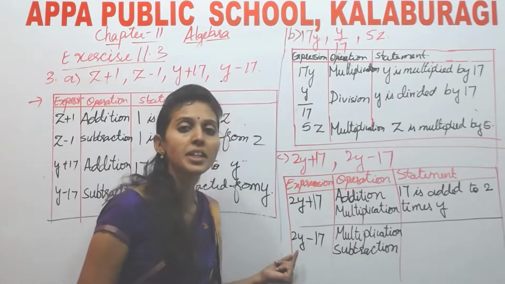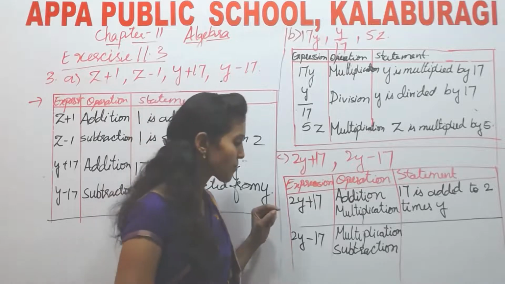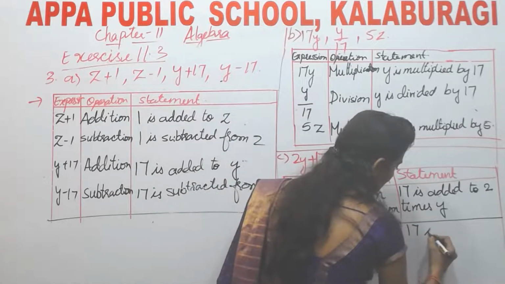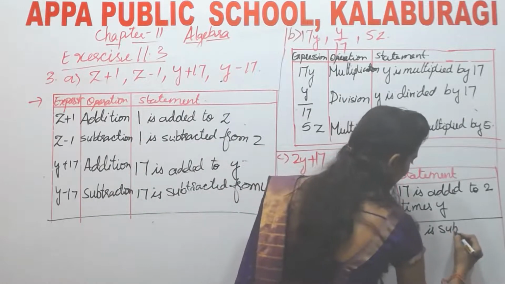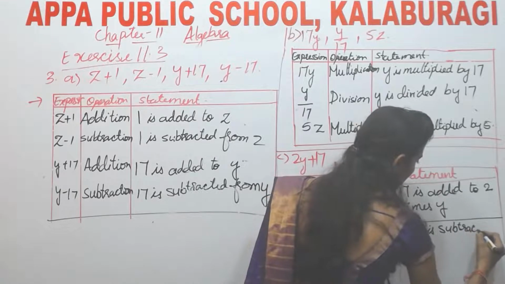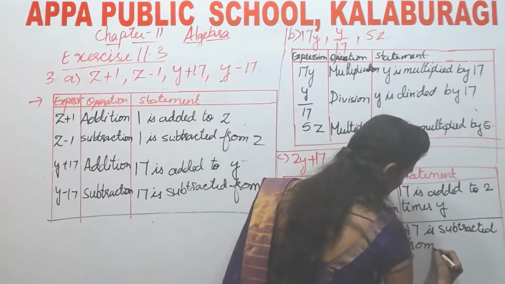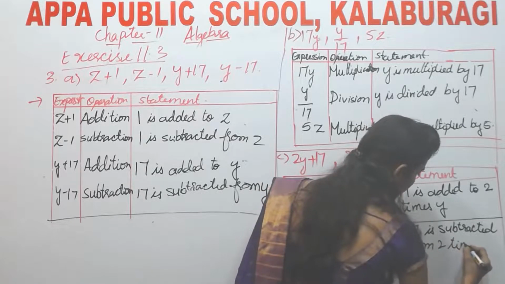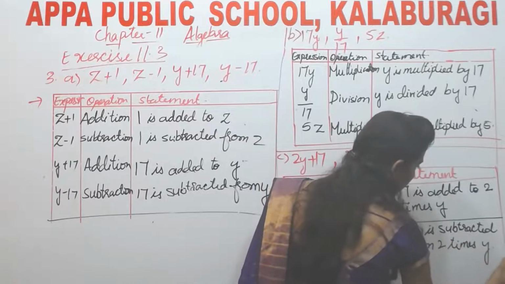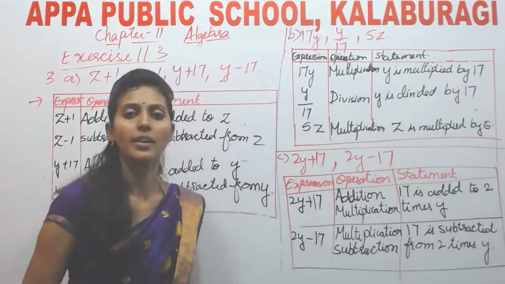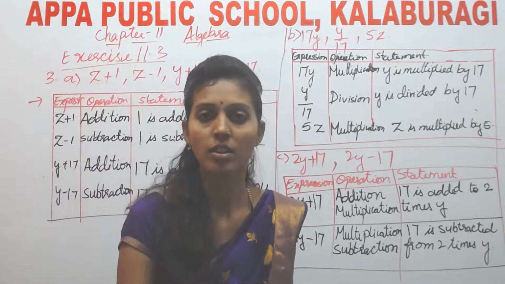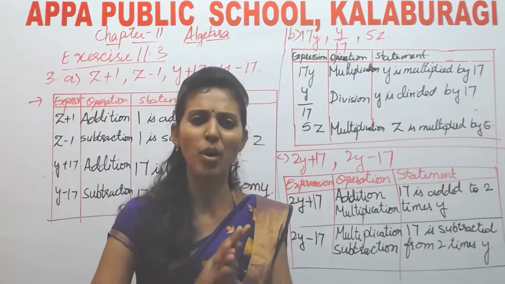From 2 times y. Got it? 17 is subtracted from 2 times y. Right? Yes. Got it?